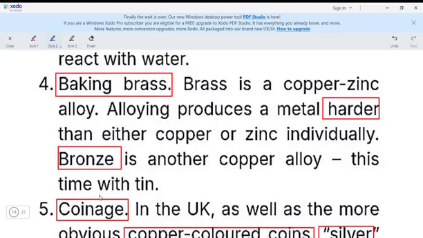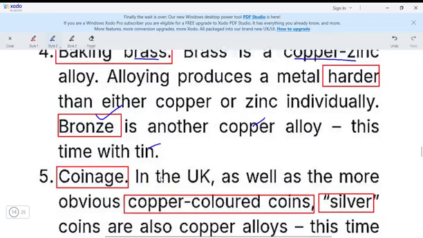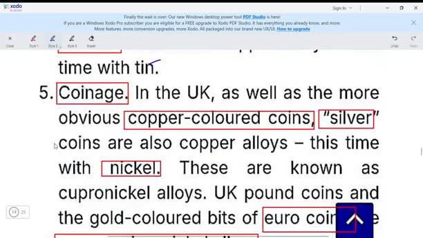Then making brass, so you can use copper to make metal stronger. Brass is a copper zinc alloy, that means you join copper with zinc to make it stronger, that means harder. The same way for bronze, you take copper with tin. So that's another usefulness of copper. Coinage, you can use copper to make coins.